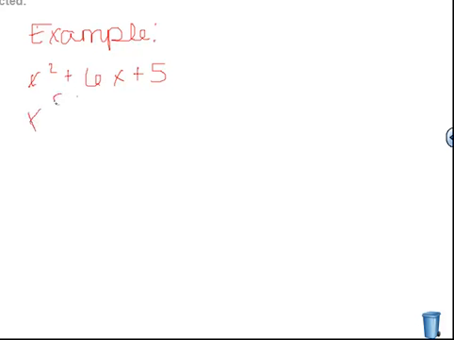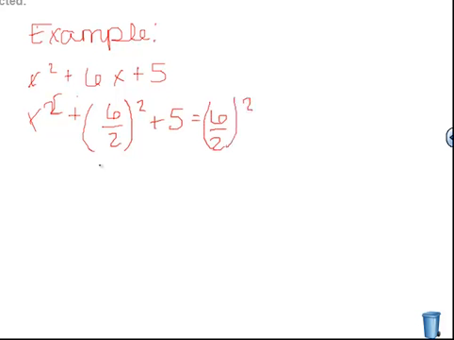So you'd have x squared plus 6x plus (6 over 2) squared plus 5 equals (6 over 2) squared. Then you would combine the x squared and the 6x with the 6 over 2 term.